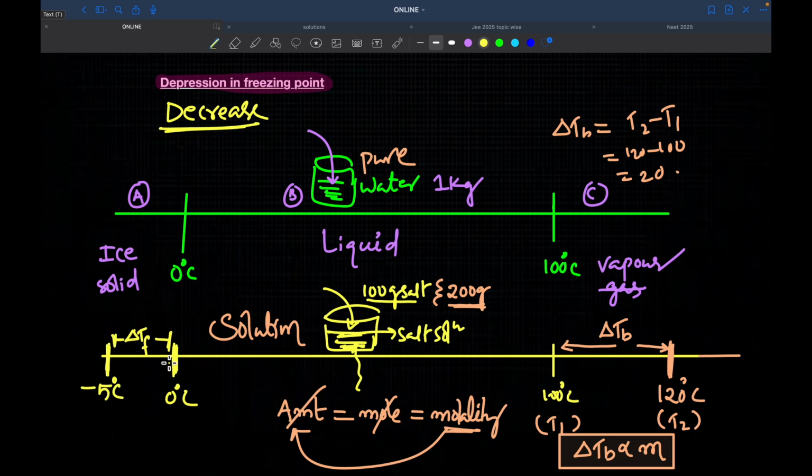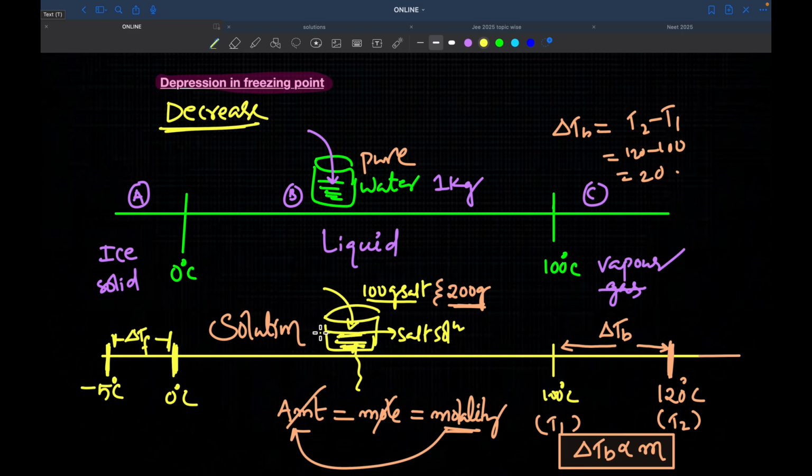So the difference between the freezing point of pure solvent and the solution is nothing but the depression in the freezing point. Why is it so?